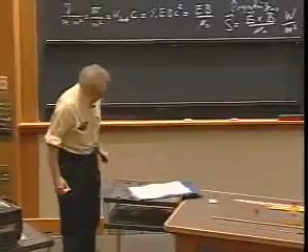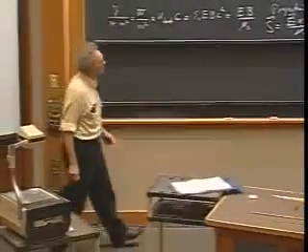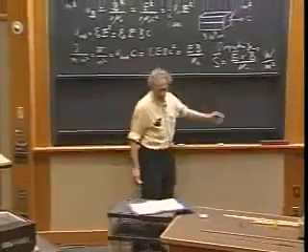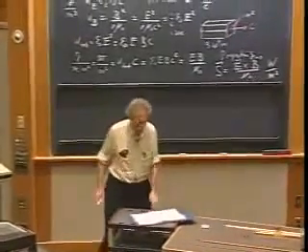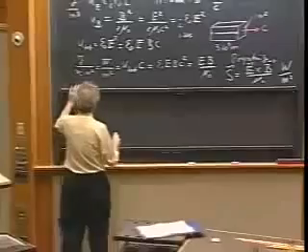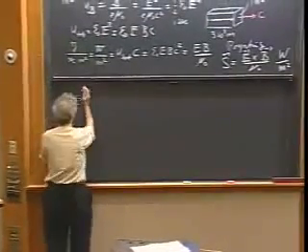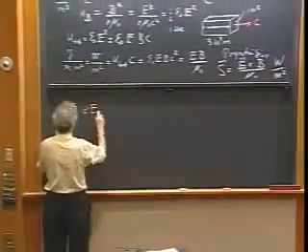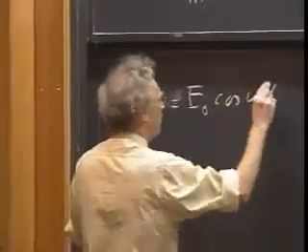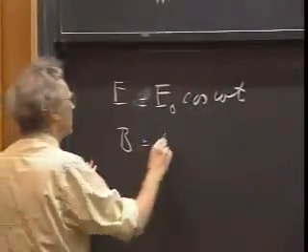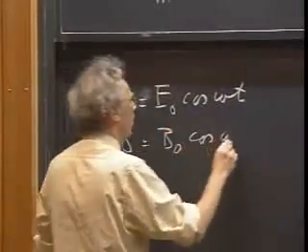Now both E and B are time variable. And so the Poynting vector will obviously also be time variable. E is going to be proportional, you can write down E is some E0 times cosine omega t, and B is some B0 times cosine omega t.